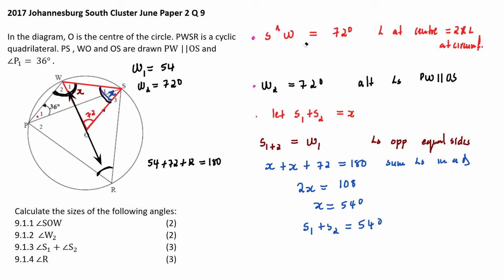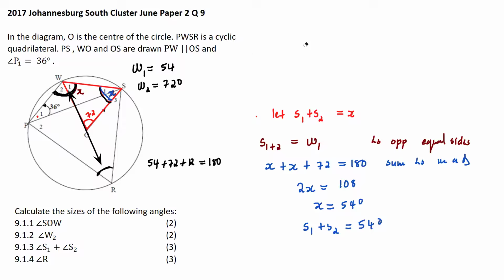I'm running out of space. Let me just take this part out so I don't have to strain myself a lot. Okay, just to reiterate it again, I'm giving the idea that W1 is 54, W2 is 72, then W1 plus W2 plus R is 180, opposite angles of cyclic chord.